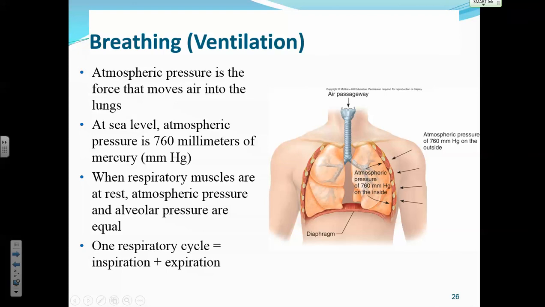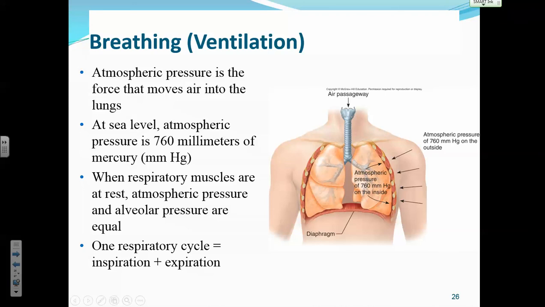Okay, and so in order for the air pressure outside your body to be greater than the air pressure inside your body, you have got to increase the alveolar space so that the internal pressure will drop. That's what happens right before a person inhales.